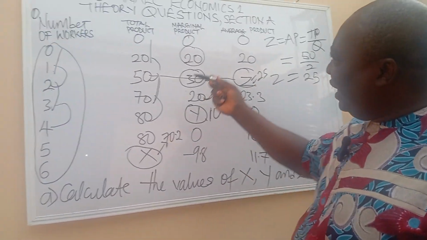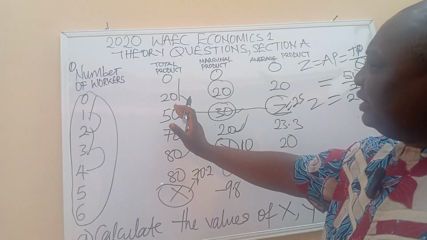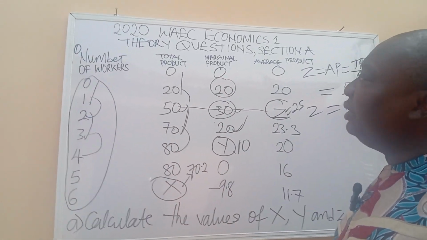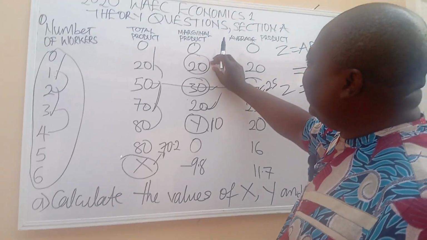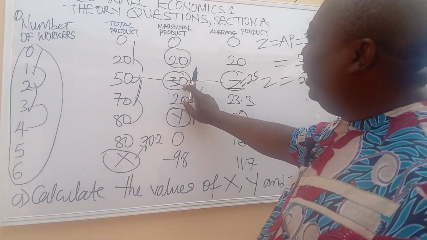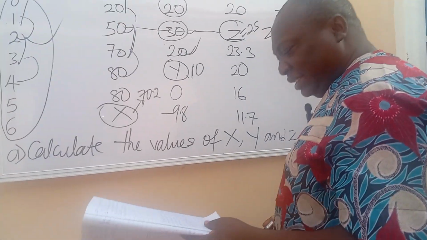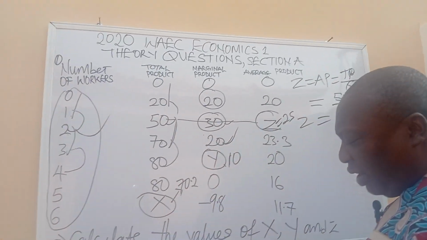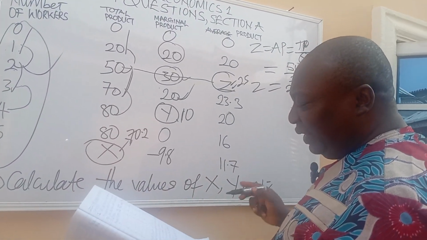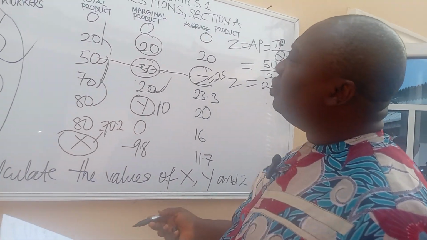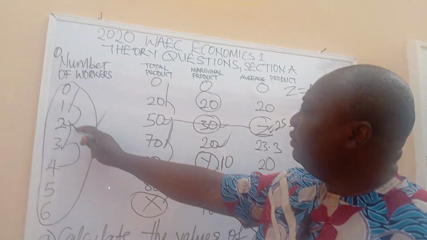Let's compare it with marginal products. Basically we look at this and this to be sure of the answer. Where marginal product is 20 here, it increased to 30. So it's also increased, so we pick these two. So that question is B: at what level of employment of labor does the firm experience increasing returns?